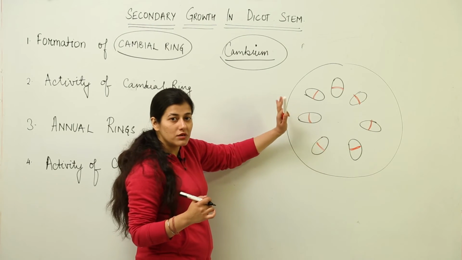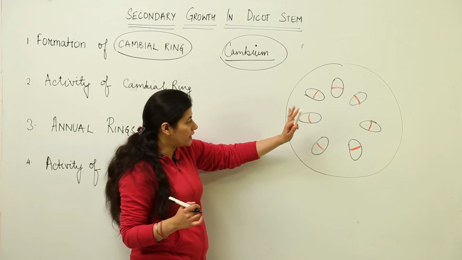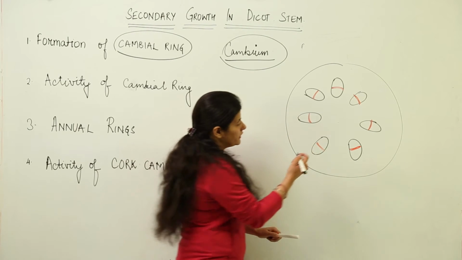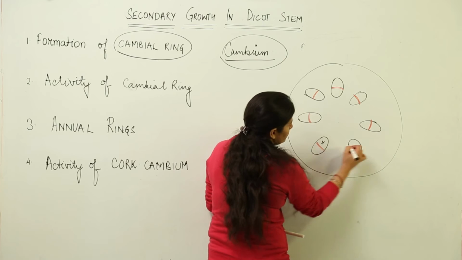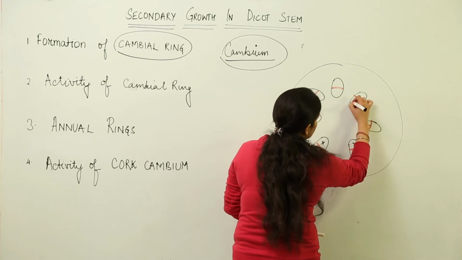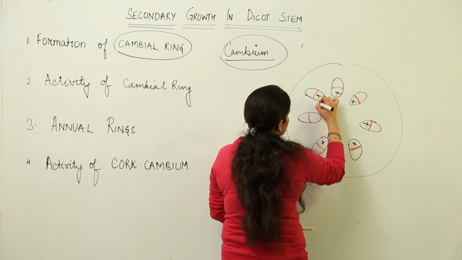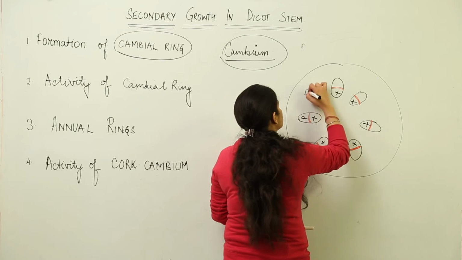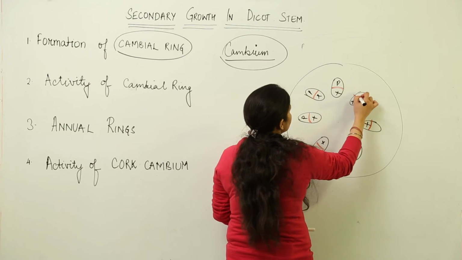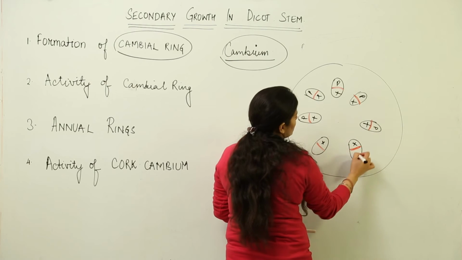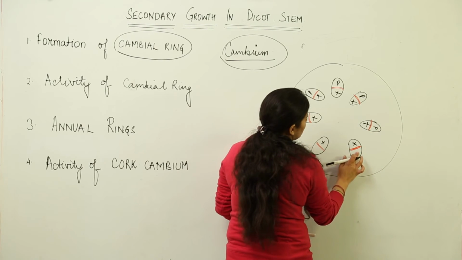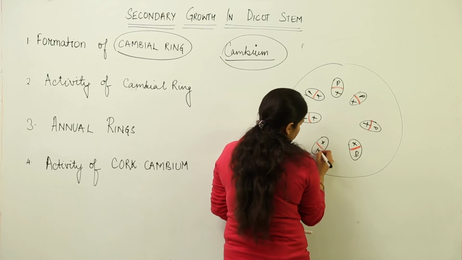This cambium is primary meristematic tissue. Here we have xylem towards inside, X represents the xylem, and we have phloem. So, this forms the open conjoint vascular bundle in a Dicot stem.